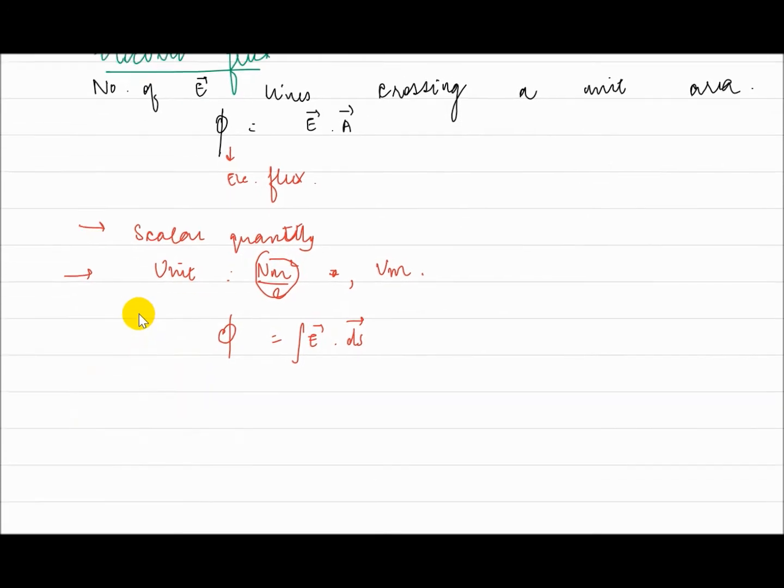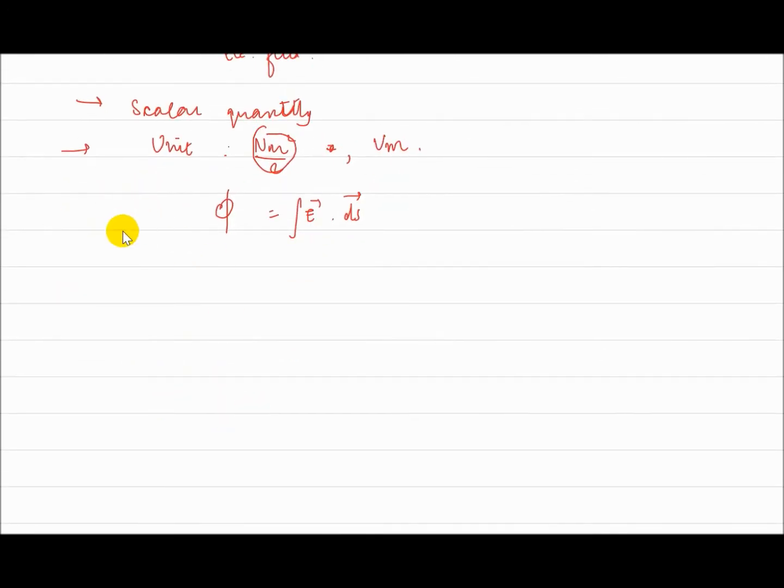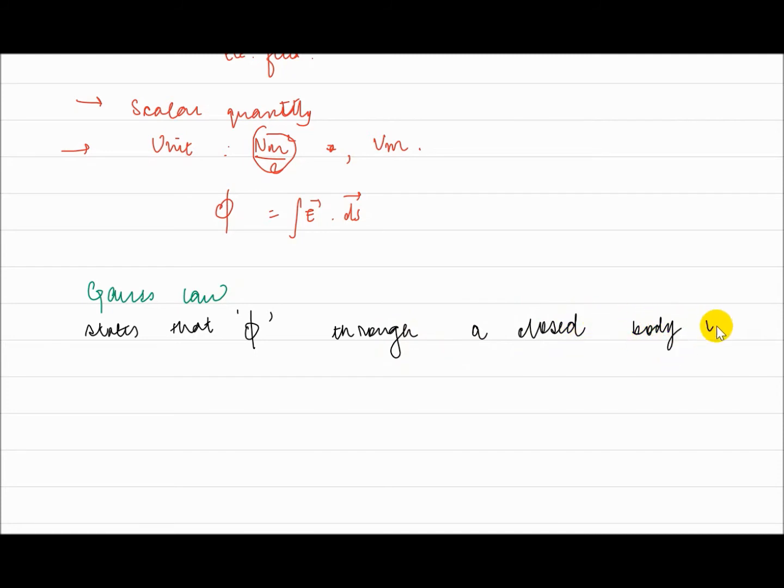Now the derivation of Gauss law. It states that electric flux that we have studied earlier, I've written the symbol electric flux through a closed body is equal to 1 upon epsilon naught times the charge enclosed by the body.